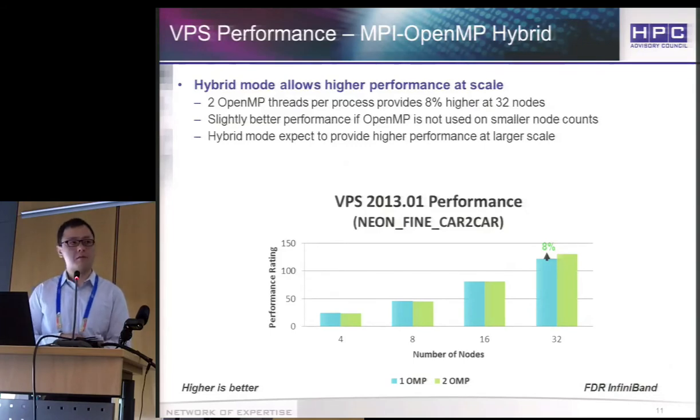As soon as you scale out to 32 nodes, we start to see the benefits, up to 8% higher performance than not using the hybrid mode. So you get a little bit of benefit from doing that. For other applications that I have run before, you tend to see a little bit more as well.